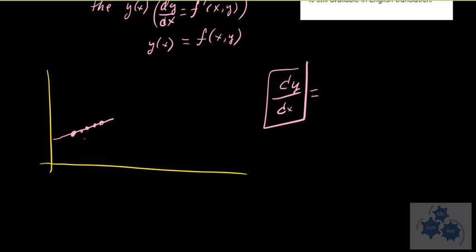Well, if you recall from your basic math that between any 2 points on a line, you have a rise, delta y, over a run, delta x. That's what the slope is. So this slope is really delta y over delta x, right? The rise over run.